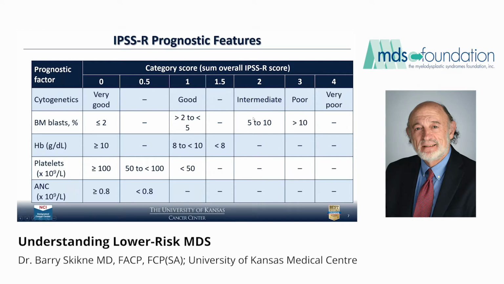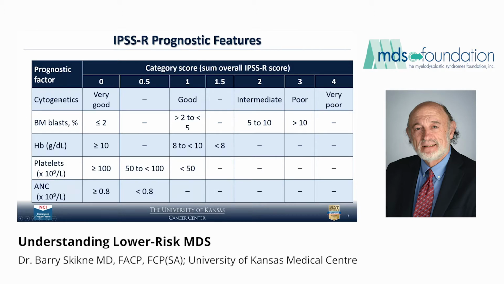So, for instance, if they happen to have a score of intermediate cytogenetics, that would mean we'd count 2. You can see in that column where intermediate is for cytogenetics, there's a number 2. So that would account for 2 scores.